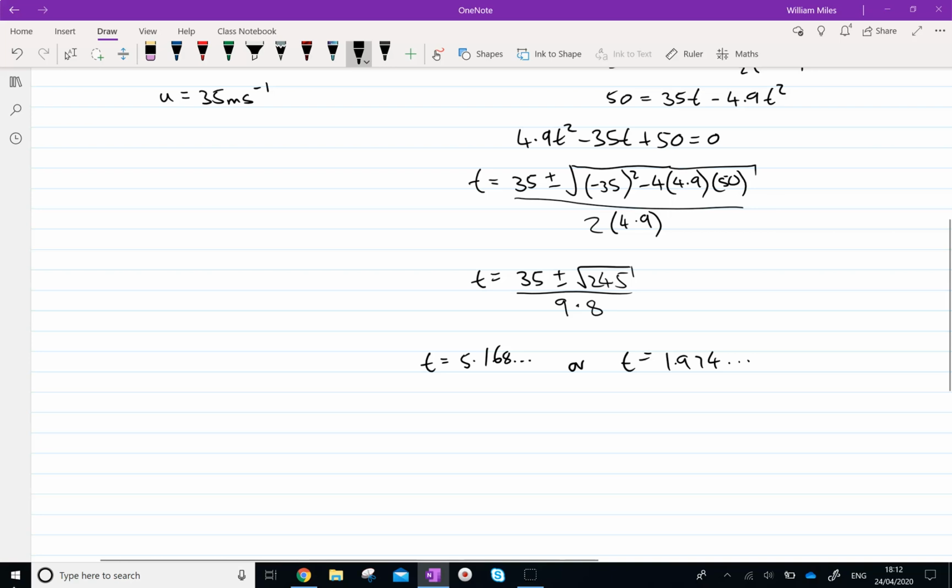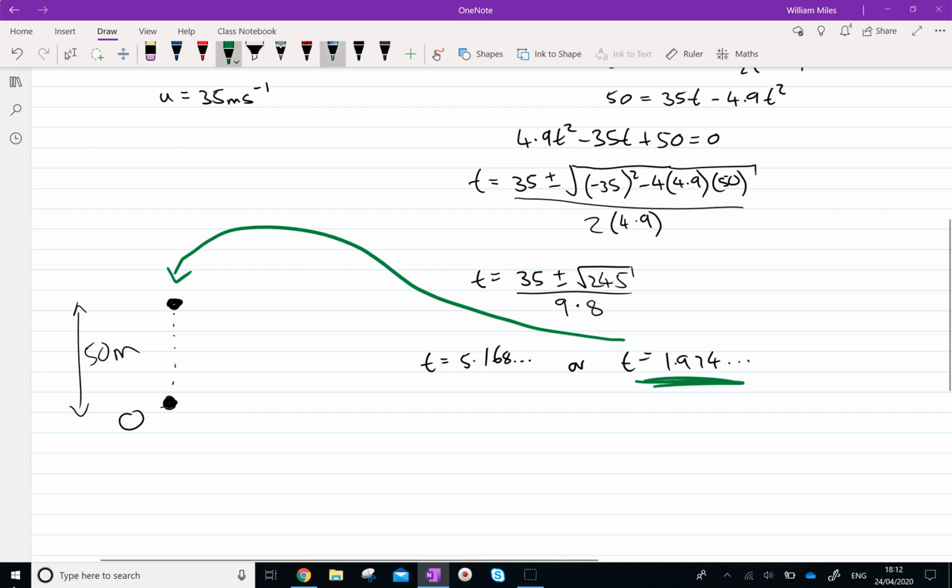So this represents, if I just go on this side again, just to go through it again. Here's a particle at O, it's traveling upwards, it gets 50 meters above O after a certain time. Obviously that's going to be the first time, this one. So that's where it's at this point here.